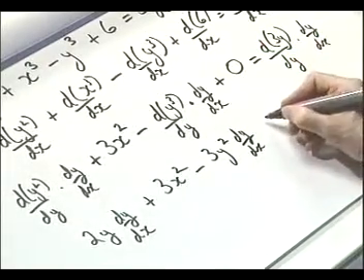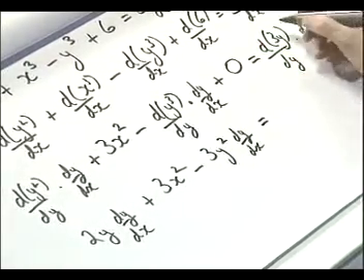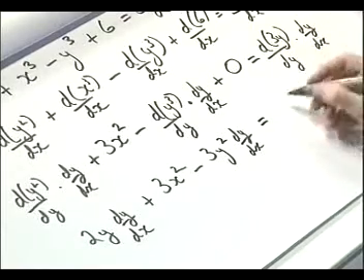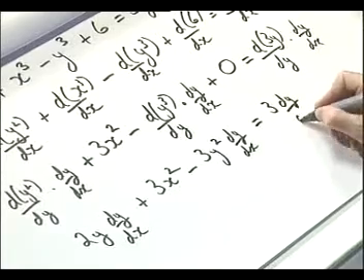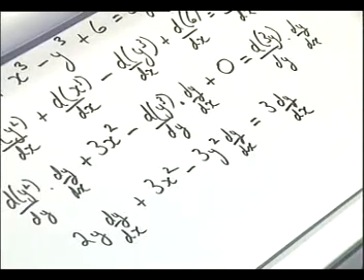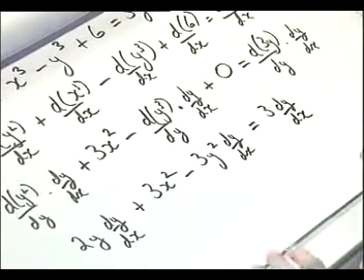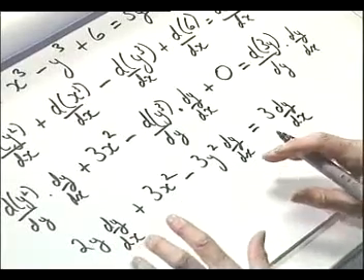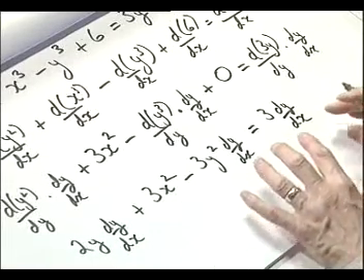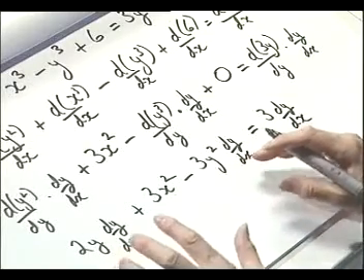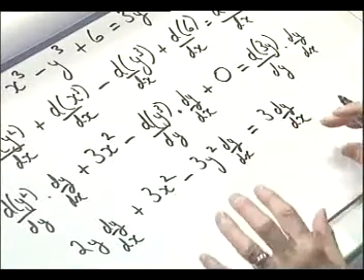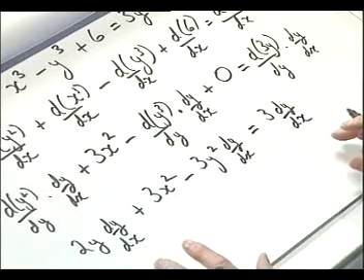We can ignore the 0, and the derivative of 3y with respect to y is 3 times dy by dx. Now, if we get together all the terms that have a dy by dx in them, then, having done that, we can sort out what dy by dx actually is.